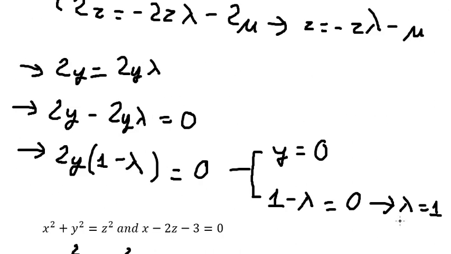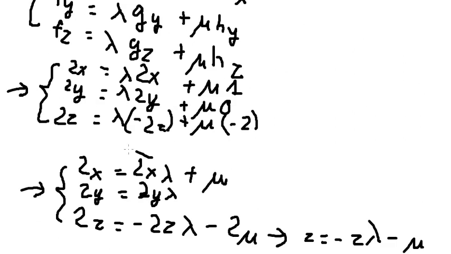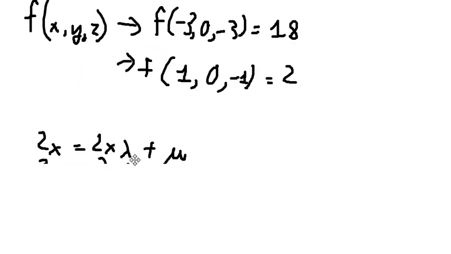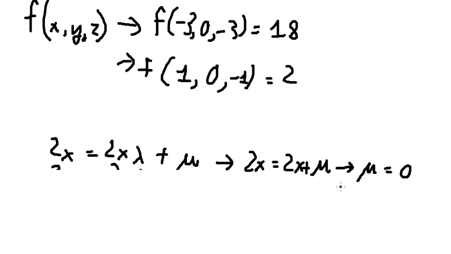Now we have lambda equals number 1. So I will put lambda equals number 1 in here. So this one we have 2x equals x plus mu. So 2x and 2x they cancel. So we got mu equals number 0.